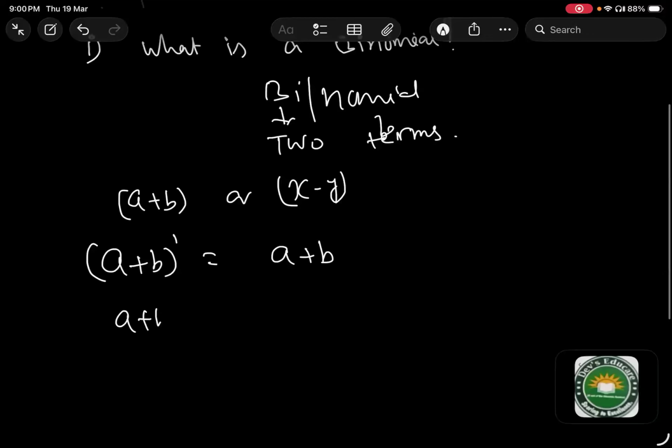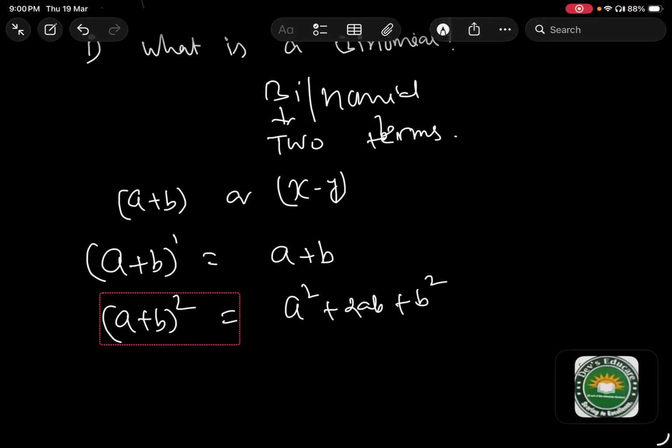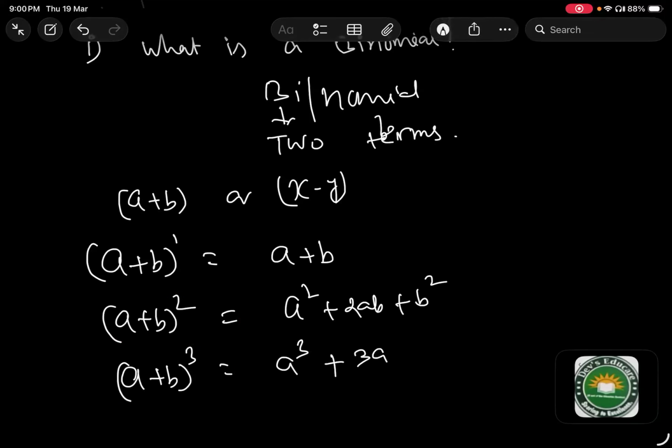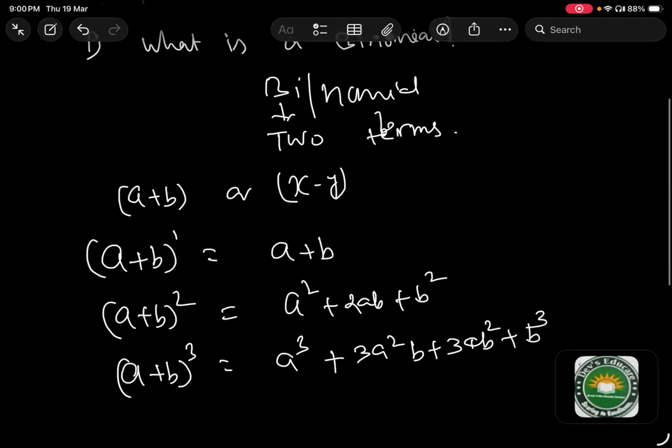And a plus b square will be a square plus 2 times ab plus b square. And similarly, a plus b whole cube is a cube plus 3a square b plus 3ab square plus b cube. And this way.